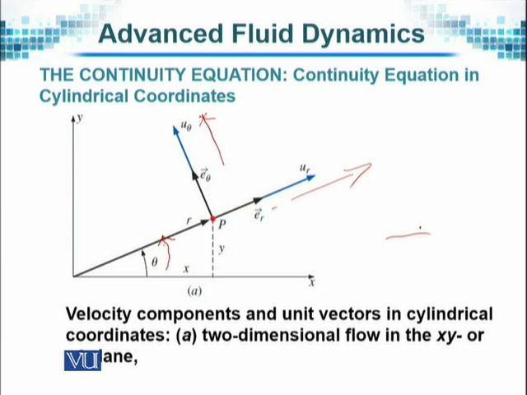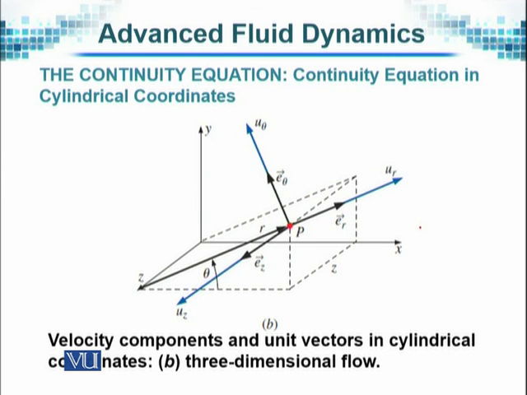This is the coordinate system in two dimensions, whereas in three-dimensional motion, we will have another coordinate coming in, that is the z direction. If you try to figure out x, y, and z, these are three rectangular coordinates that are mutually perpendicular.